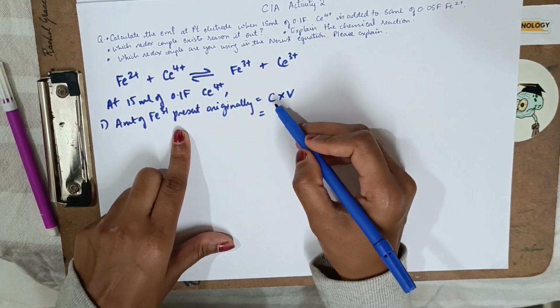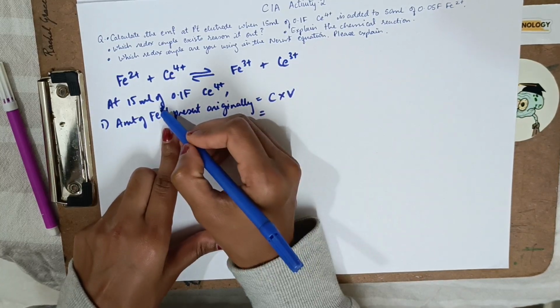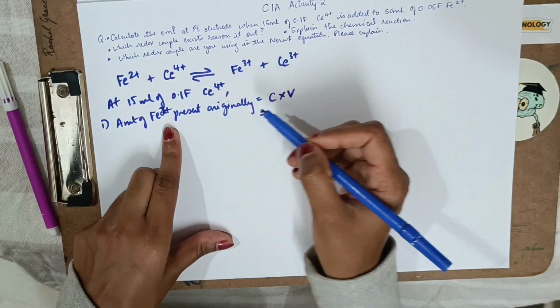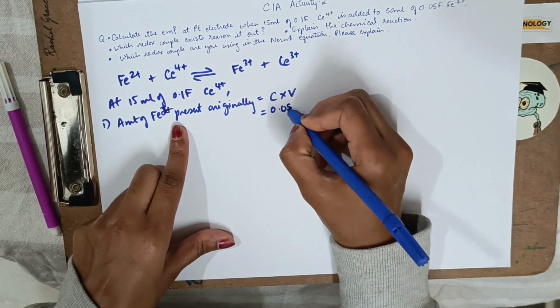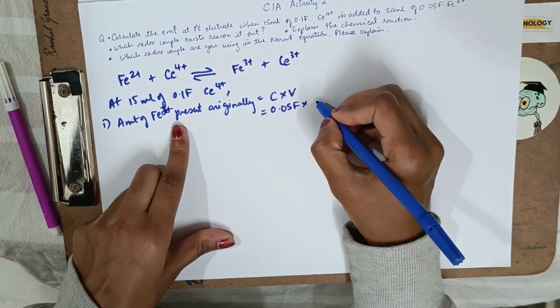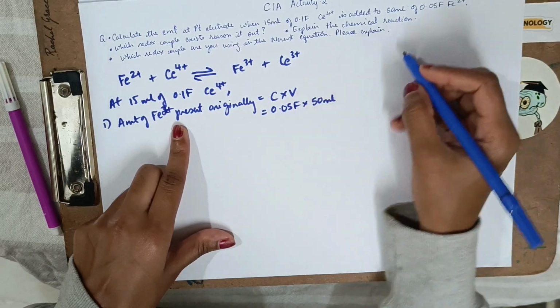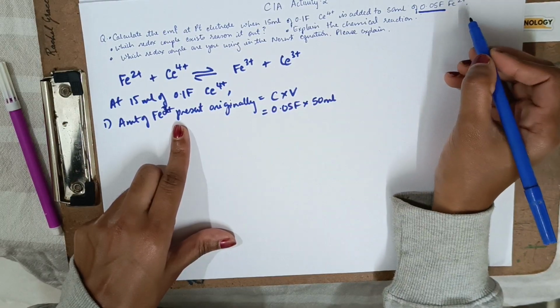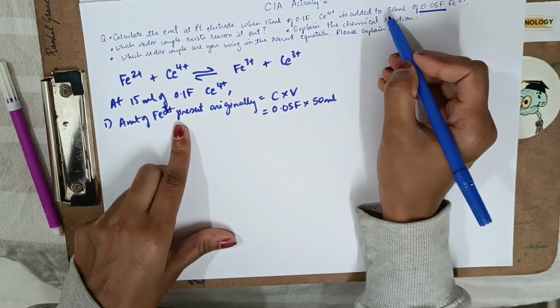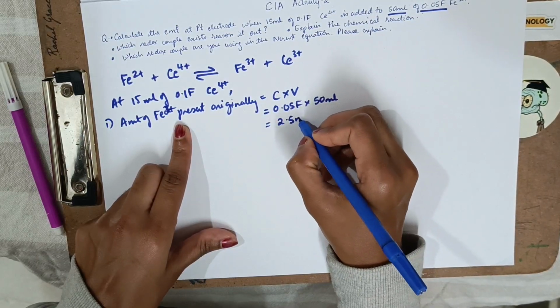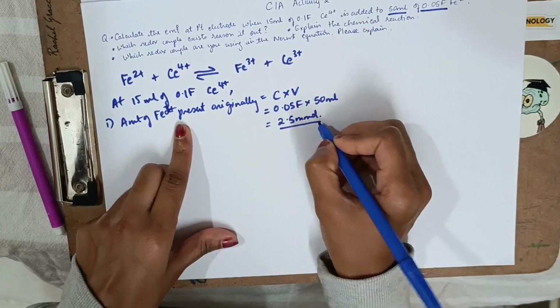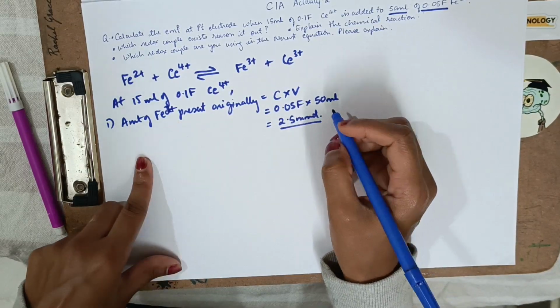The concentration of Fe2+ is 0.05 formula into volume, 50 ml, which gives us 2.5 millimole. So this is the amount of Fe2+ which is present originally.